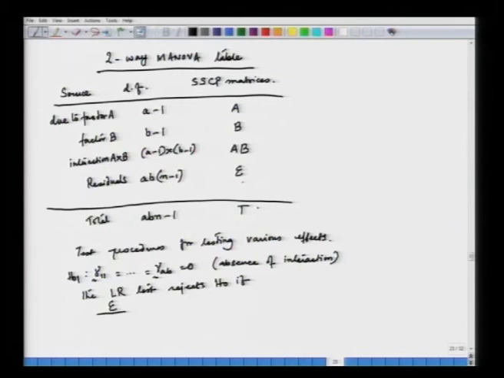The within is always the residuals, the sum of squares and cross product matrix of residuals, but the between role is being taken over by the AB matrix. So, this is getting divided by, so basically I have to put a determinant sign actually, and then we have E plus AB, determinant of this, and let us denote this by lambda AB star.